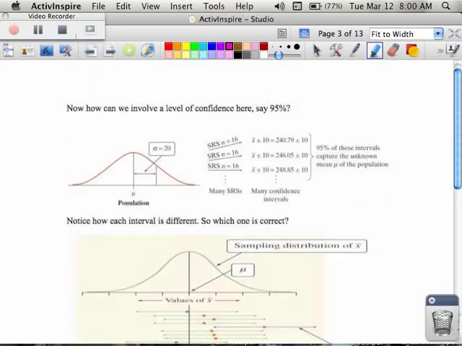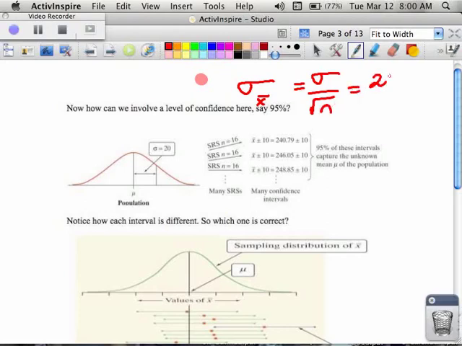As we go along and look at our previous example, we talked about how our standard deviation was 20 and our sample size was 16. When we talk about the standard deviation of our samples, we take the standard deviation and divide it by the square root of n.